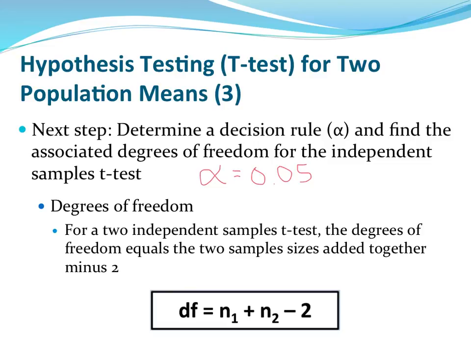The degrees of freedom associated with your two independent samples t-test are found by adding the two sample sizes, or sizes of the two groups being compared, and subtracting 2. This formula can be represented as df, for degrees of freedom, equals n1, the sample size or group size of the first group, plus n2, the sample size or group size of the second group, minus 2.